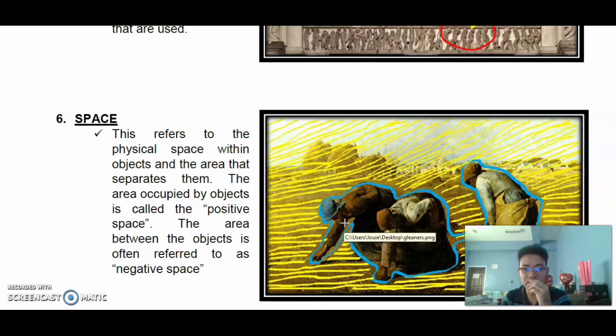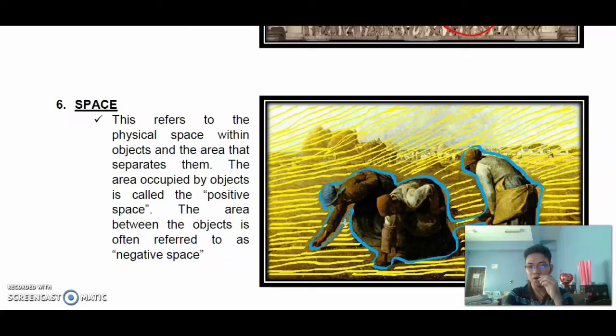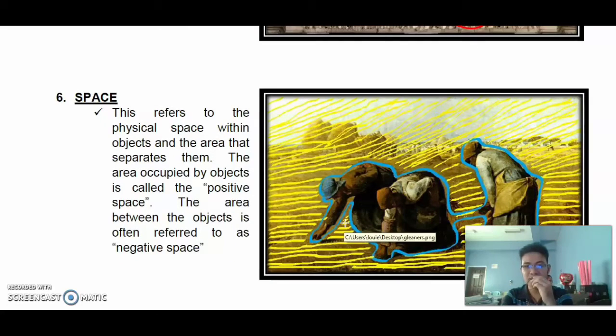The area between the objects is often referred to as the negative space. I have emphasized that these yellow lines refer to the negative space, and the space being occupied by the characters is what we call positive space. As easy as that.